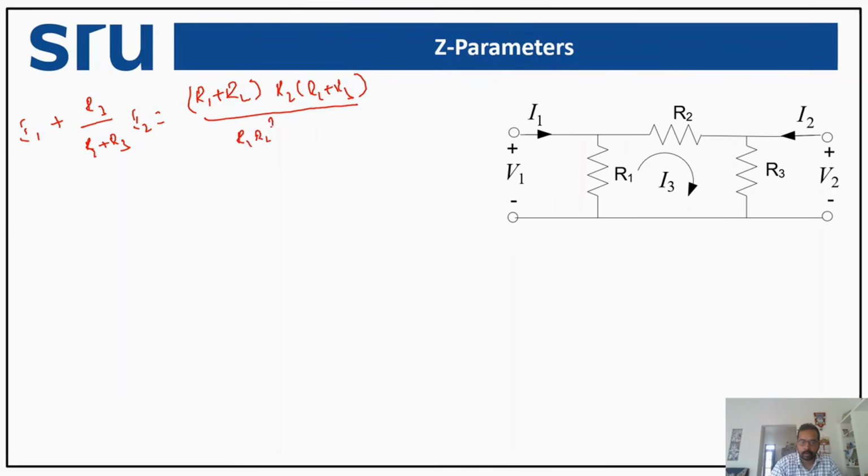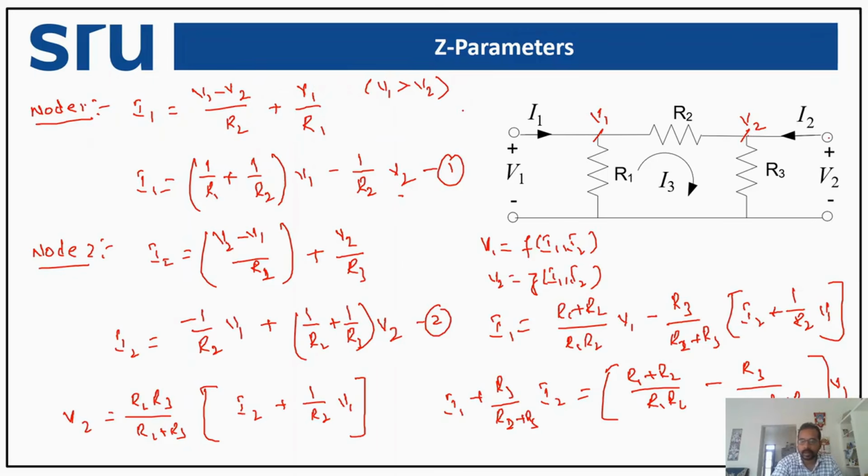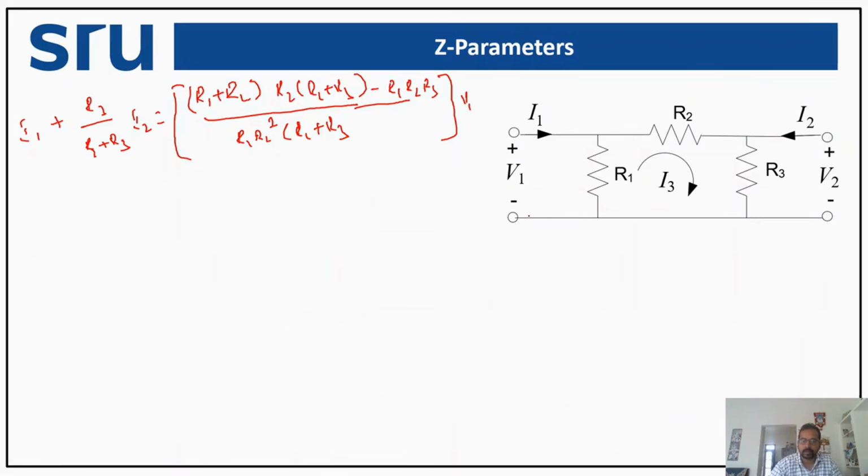R2 into R2, we are going to get R2 square into R2 plus R3, and we have minus here, that is R1 R2 R3. So completely we are going to have this as V1. If you try to compare, what we have done is R1 R2 multiplied with R2 plus R3, and we have minus R1 R2 R3 here. So we have written it over here in this way.